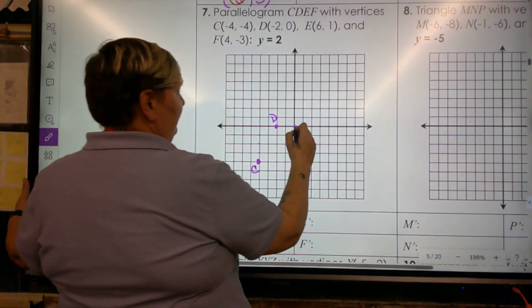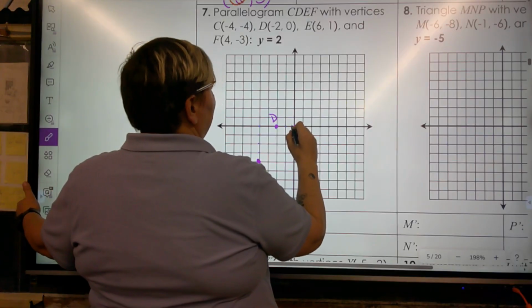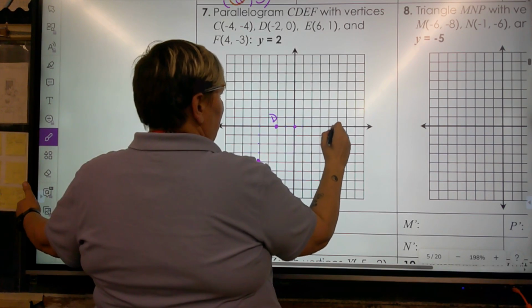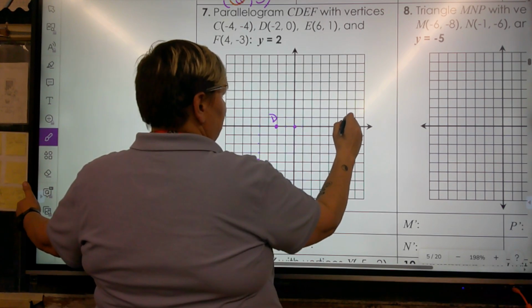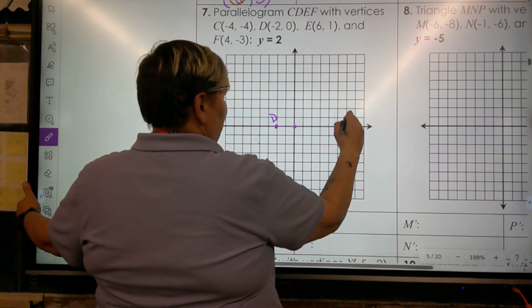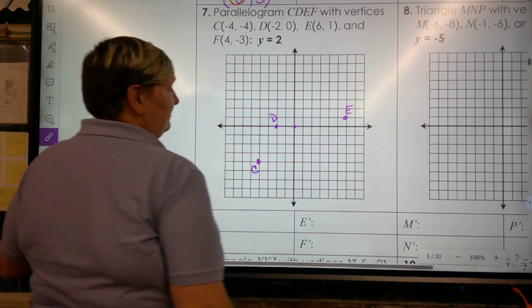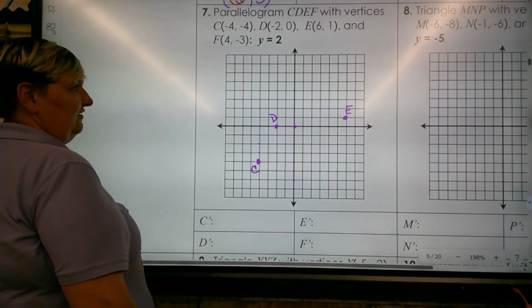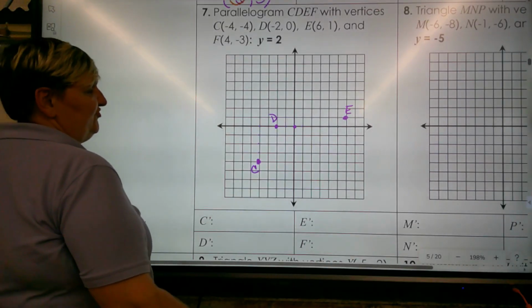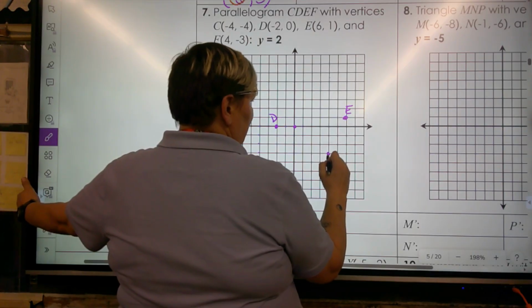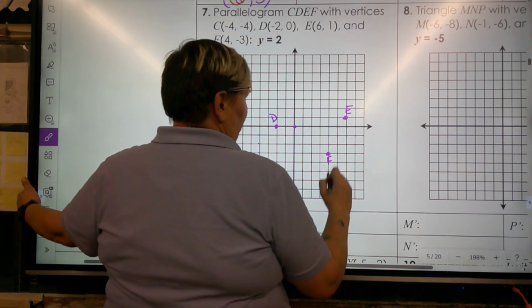E is 6, 1. 1, 2, 3, 4, 5, 6, 1. E. And F is 4, -3. 1, 2, 3, 4, 1, 2, 3. F.